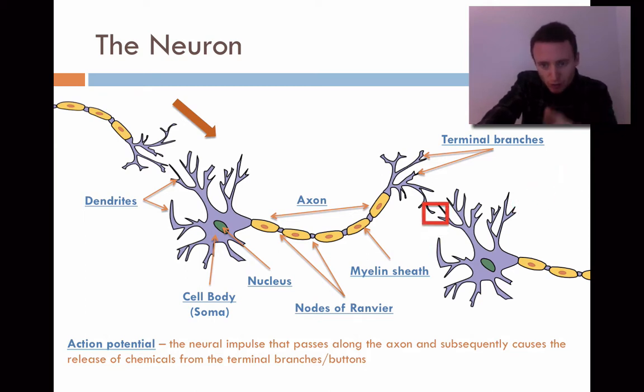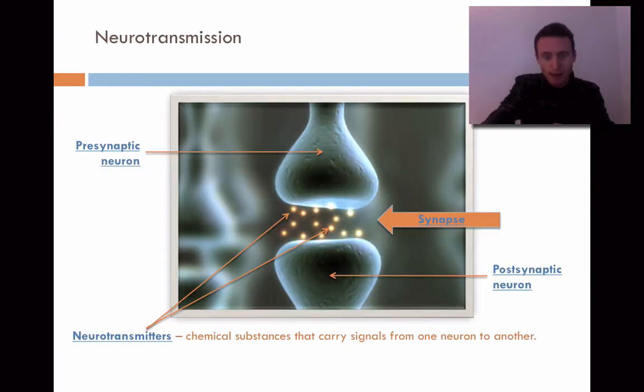If we focus really closely in on the terminal branch of one neuron and the dendrite of another neuron, it might look something like this. And what we see here is that neurons do not actually touch one another. They are separated by a small space called the synapse, or the synaptic gap.